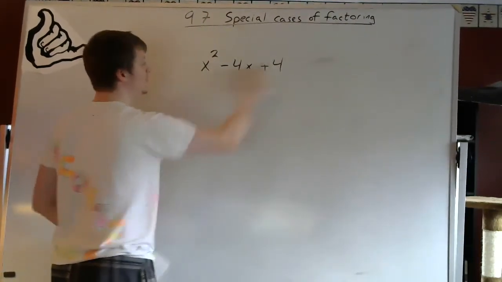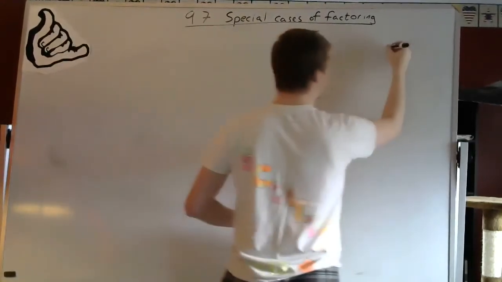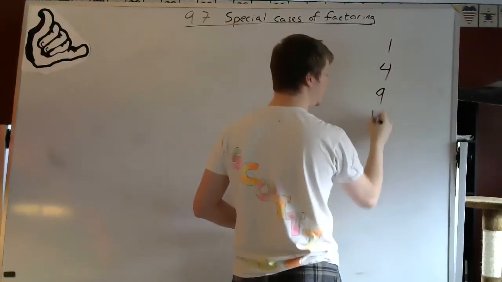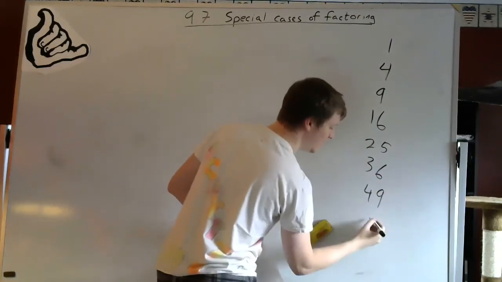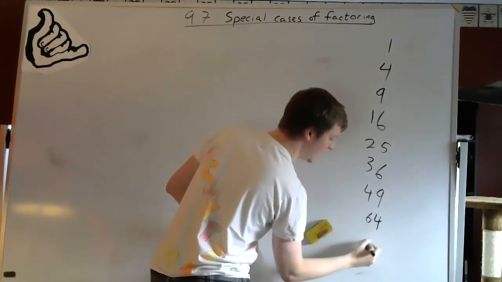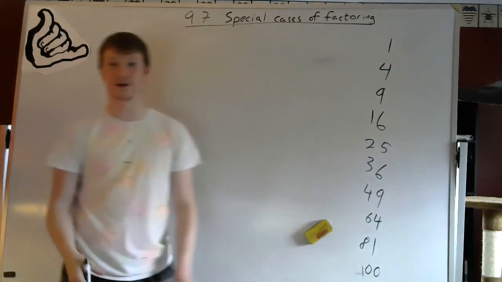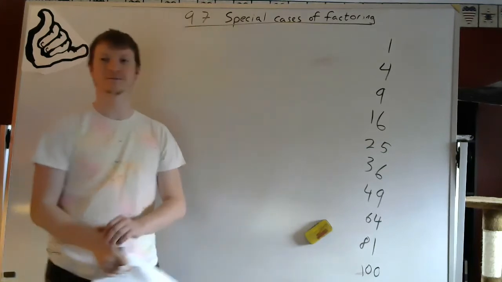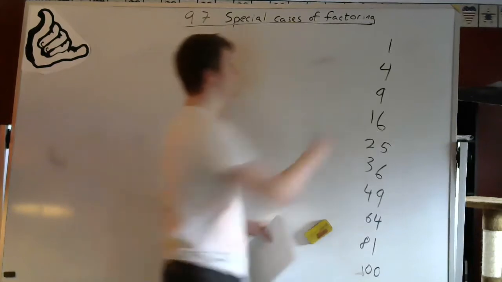The numbers I'm referring to, of course, are these numbers. Let me put them over here. 1 is one of them, 4 is another, 9, 16, 25, 36, 49, 64, 81, and 100. Those are some of the more common ones. Do you remember what those numbers are? Good, you at home. These are perfect squares.